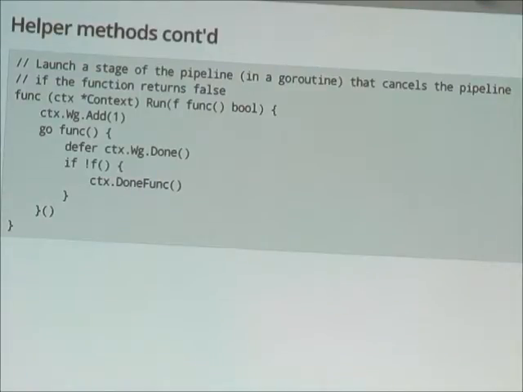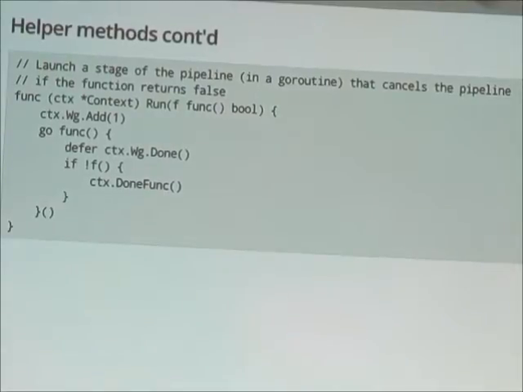And then if our function returns false, we assume there's an error and we cancel the context. So the idea is that the function returns true or false. If it returns true, we assume it's a non-fatal termination, but if it returns false, then we're going to tear everything down.